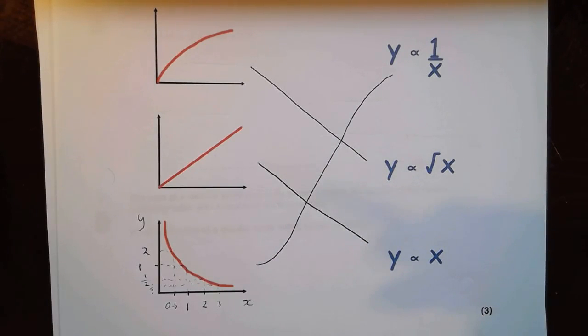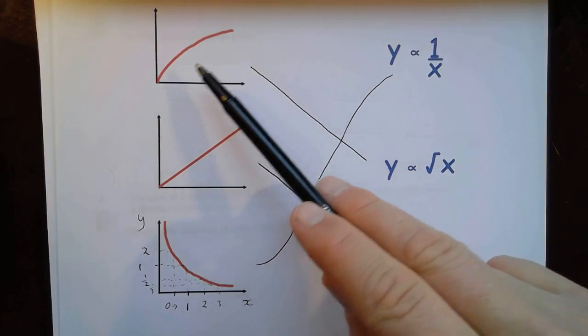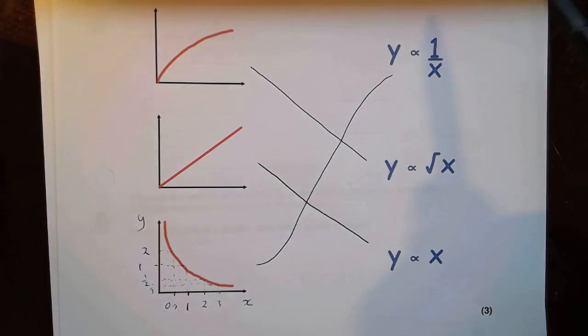Because the square root of 2 is not as big as 2, and that becomes increasingly the case with the larger the number that you're square rooting. So it tapers off to a degree. It never gets to being flat, but it starts to taper.